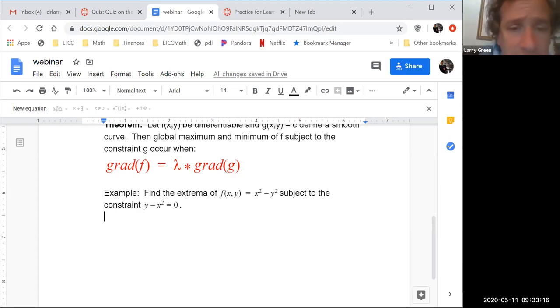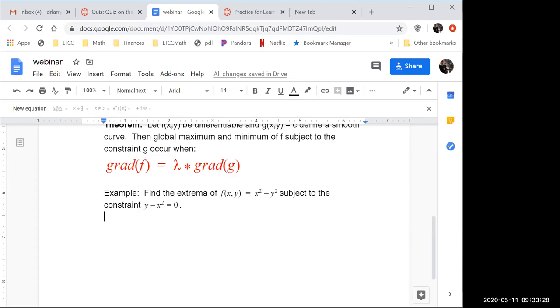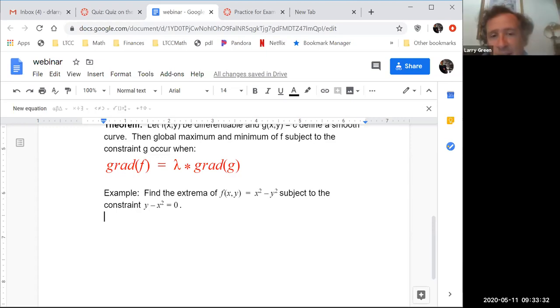Okay, it's not a sphere. A sphere would have to be x squared plus y squared plus z squared equals a number. And this definitely isn't that. There's minuses and there's no squared z on the end. Is it a paraboloid? Yeah, that's a paraboloid, and it's a hyperbolic paraboloid, to be more exact.